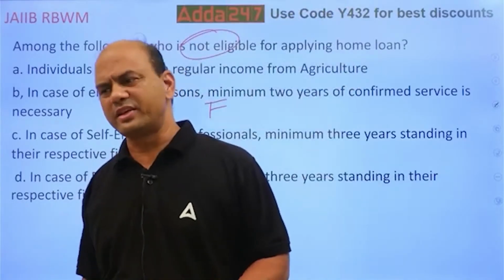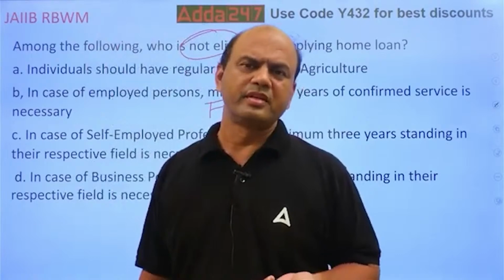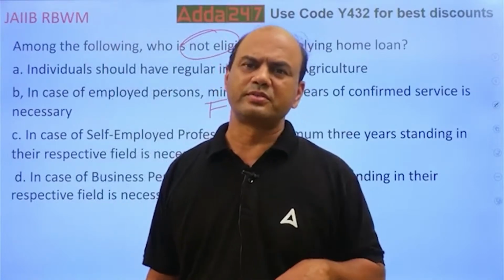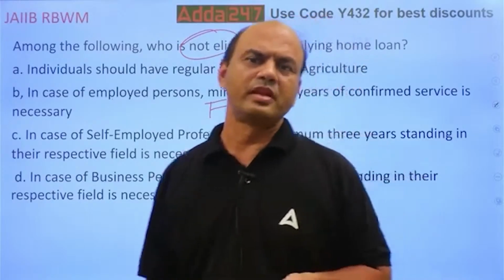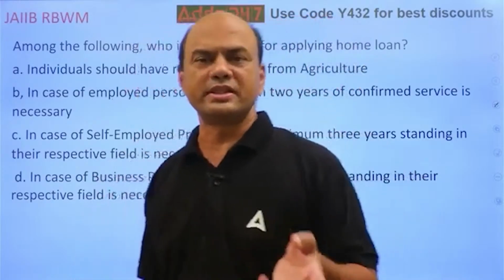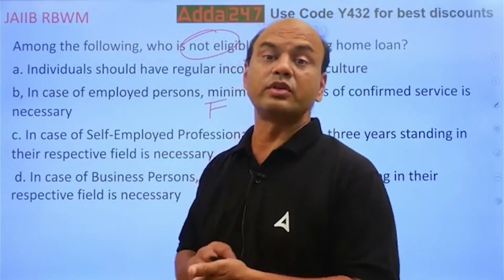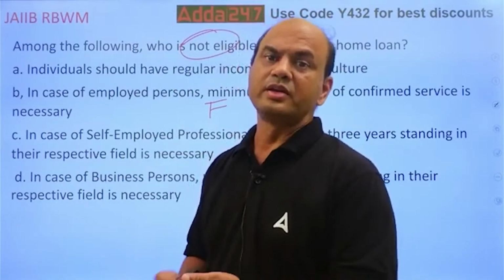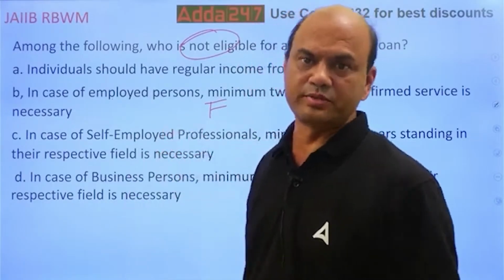Logic is also there. If I got a new job, will I wait for 2 years for getting the home? In 2 years, where will the housing valuation go? The flat which is available for 60 lakhs now will be available for 70, 80 lakhs after 2 years. So generally this criteria is disposed of.